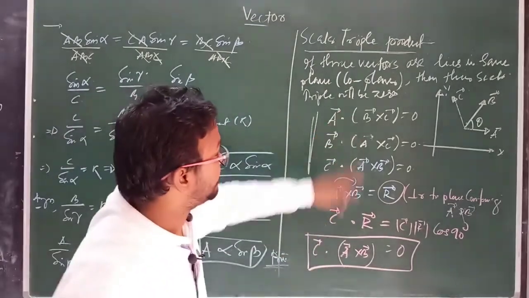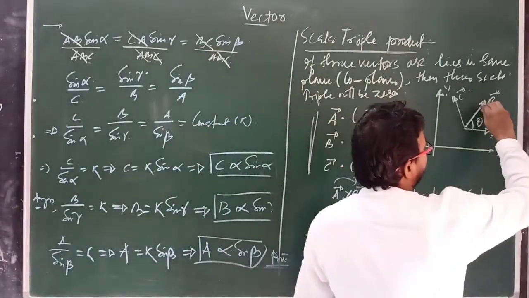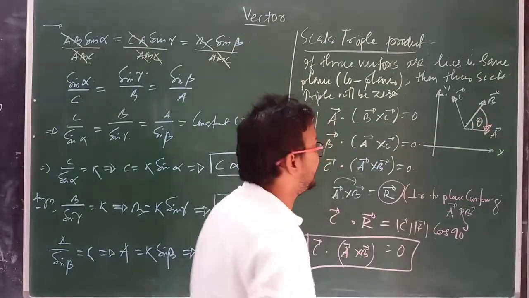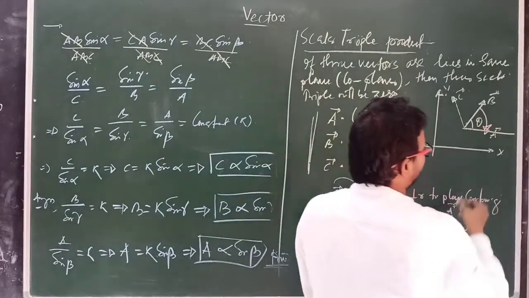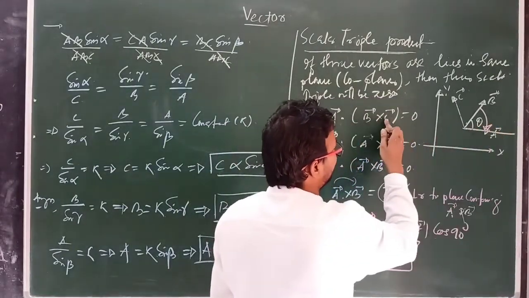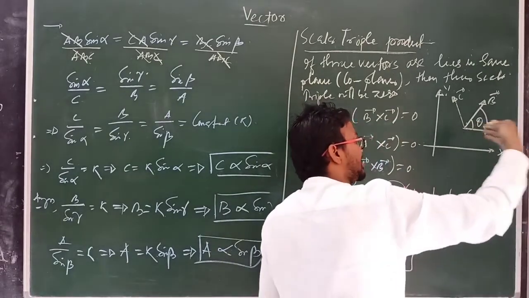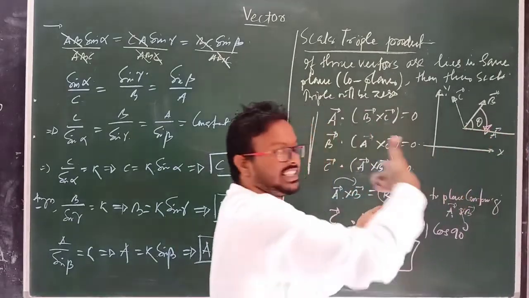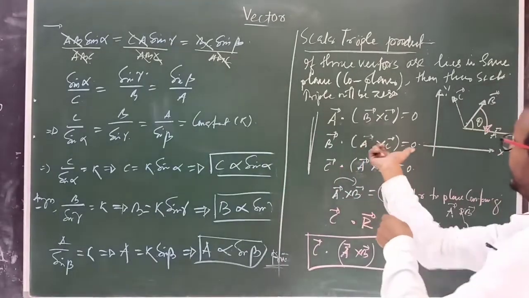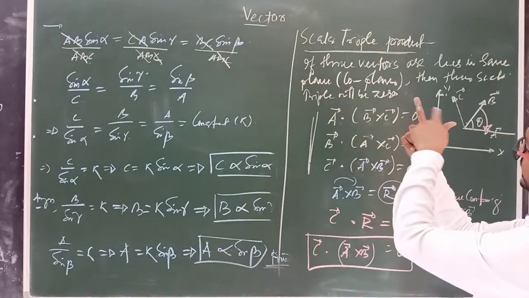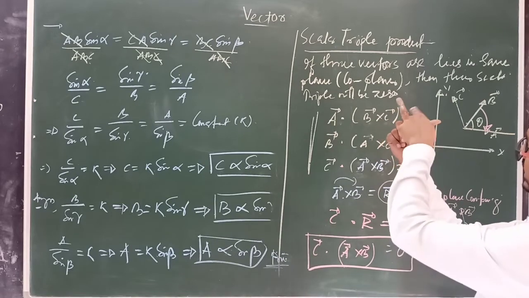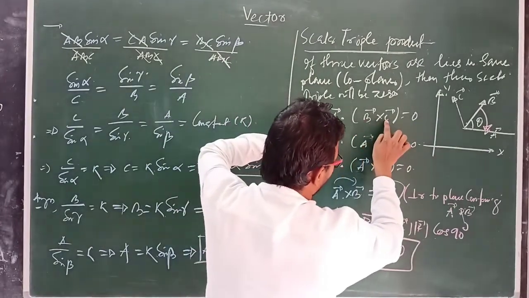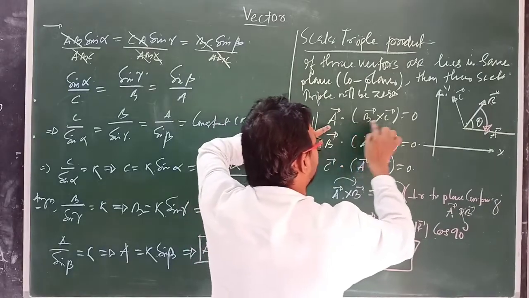This relation is satisfied in the other cases too. Suppose I take this relation with B and C. B cross C is inward, the negative z axis, and dot A. A vector is in the plane, and the resultant of B and C is inward. So the angle between the inward resultant and the A vector is 90 degrees, so the dot product will be 0.